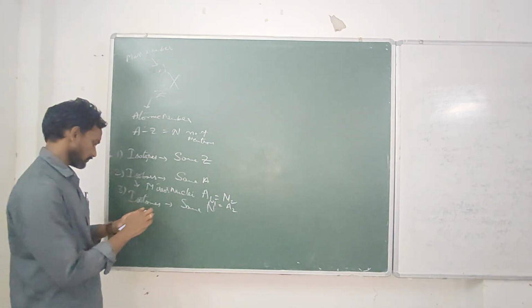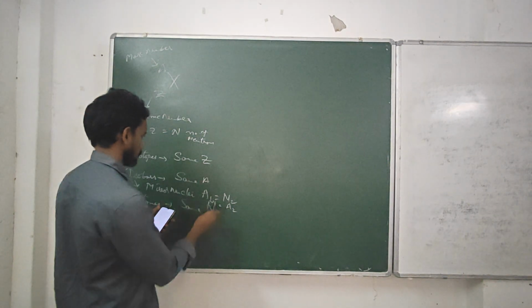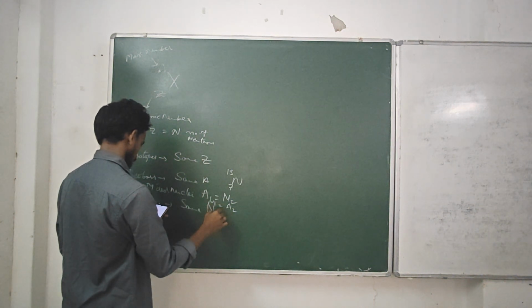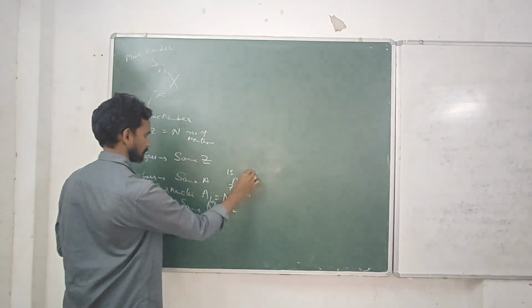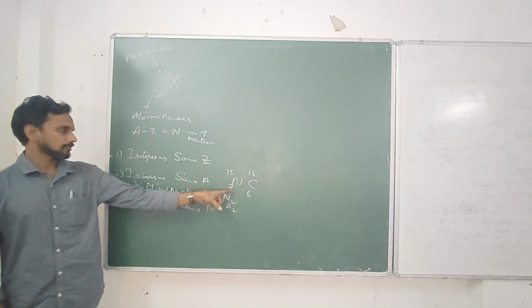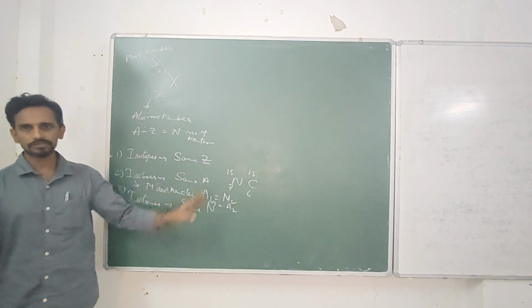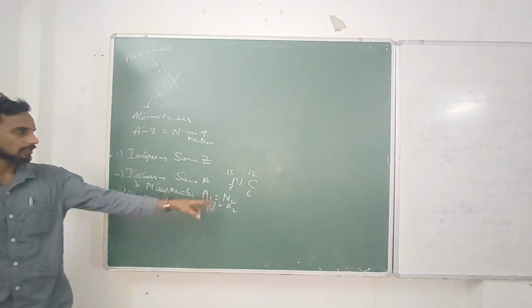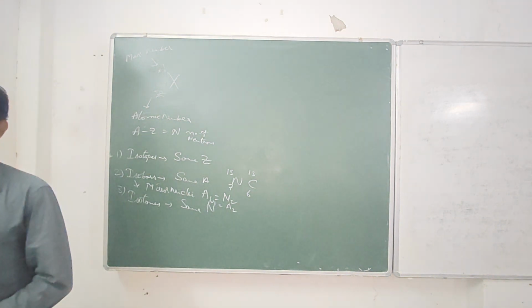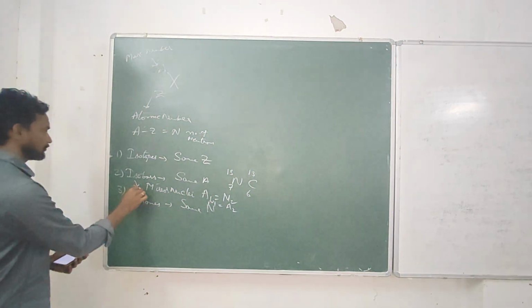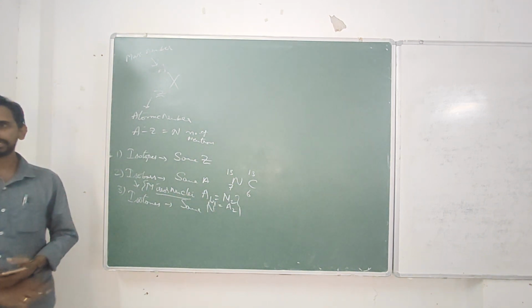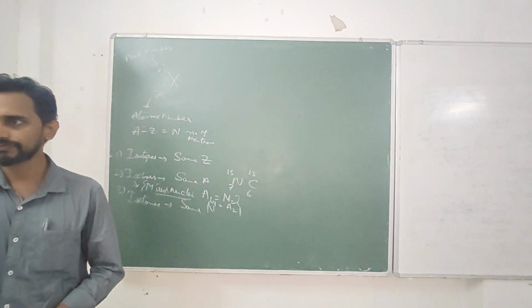The example given was N-13 (7) and C-13 (6). So here in nitrogen you have 7 protons and 6 neutrons, and carbon has 6 protons and 7 neutrons. So exchangeable numbers of protons and neutrons, the basic characteristic of mirror nuclei.